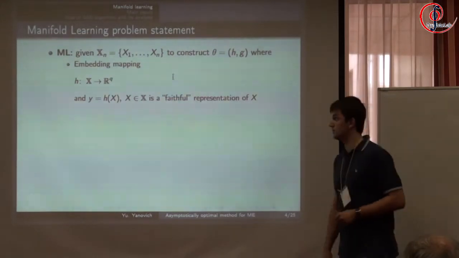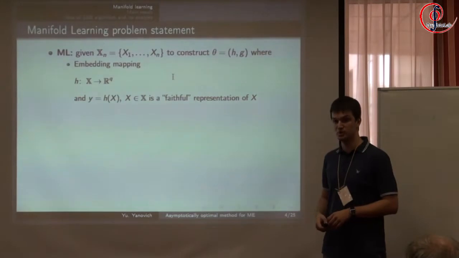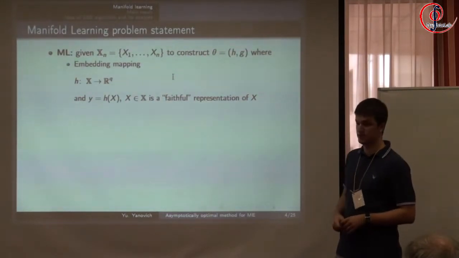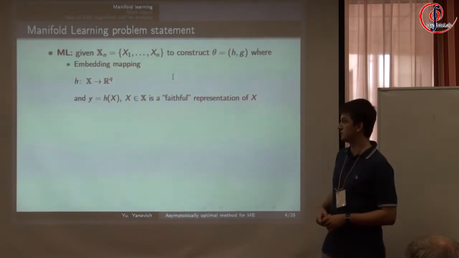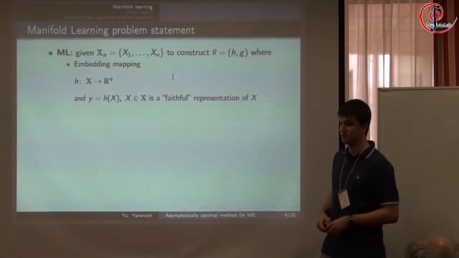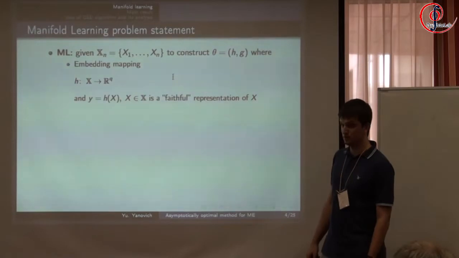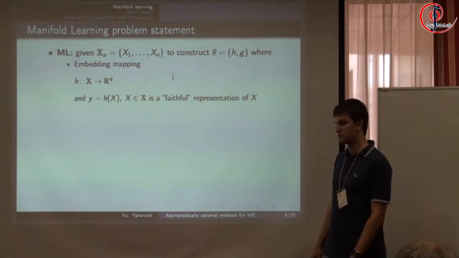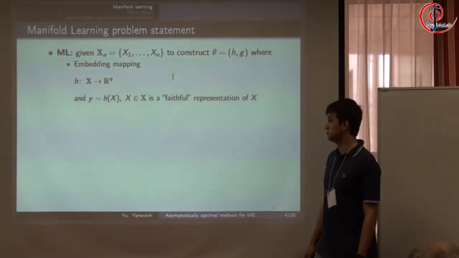Well, more formally, manifold learning is to construct two mappings using the finite sample. The first mapping is the embedding, and it maps the data space to some low-dimensional space. We suppose that the dimensionality of the low-dimensional space is known, and this low-dimensional representation of high-dimensional points is rather good.